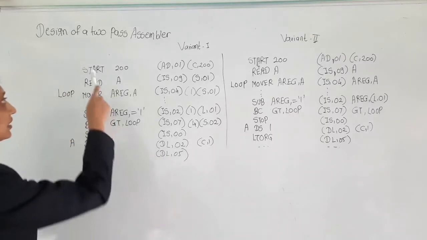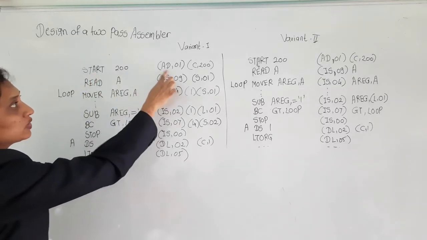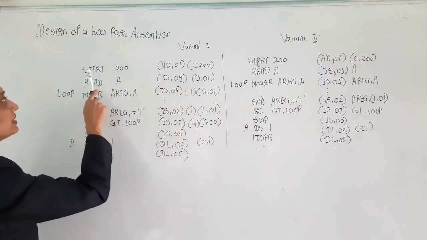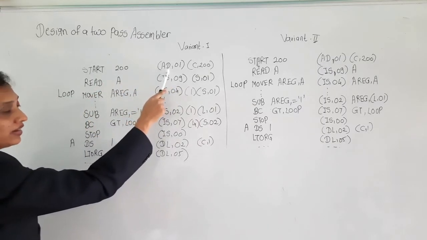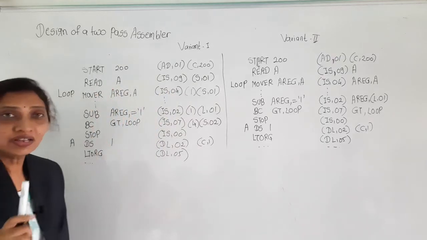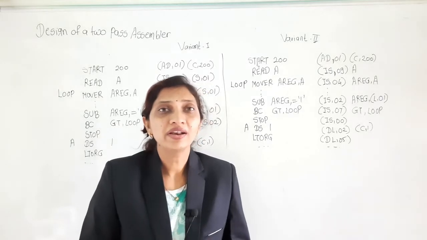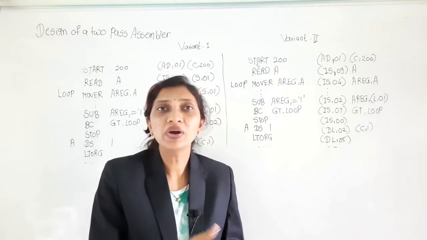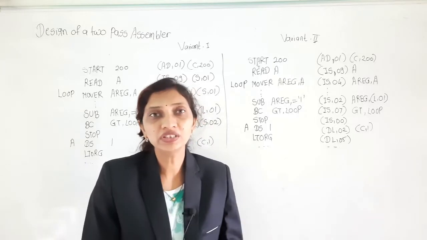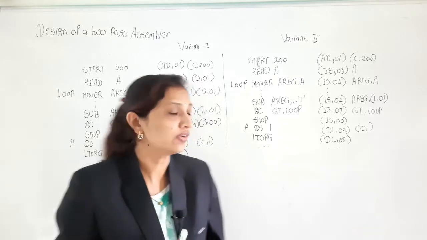Now here see START 200. START is an assembler directive statement. So here the pair is added as AD, meaning assembler directive statement. And as we saw in the last lecture, the codes 01 and 02 are used for START and END, and for ORIGIN, EQU and LTORG we use 3, 4 and 5 respectively.